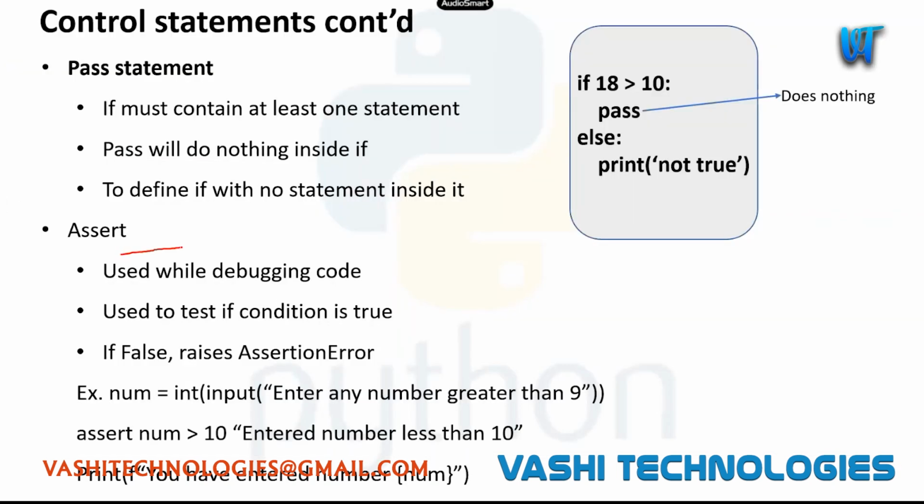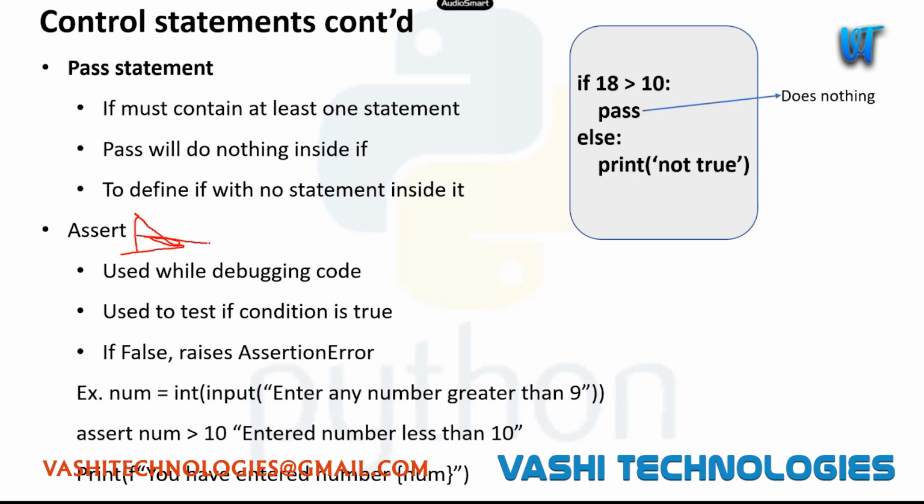And then we have assert. This is one thing which we can see majorly in unit testing which we perform for our development work. But anyways, we can cover it here since it does the same operation, which is to evaluate conditions.